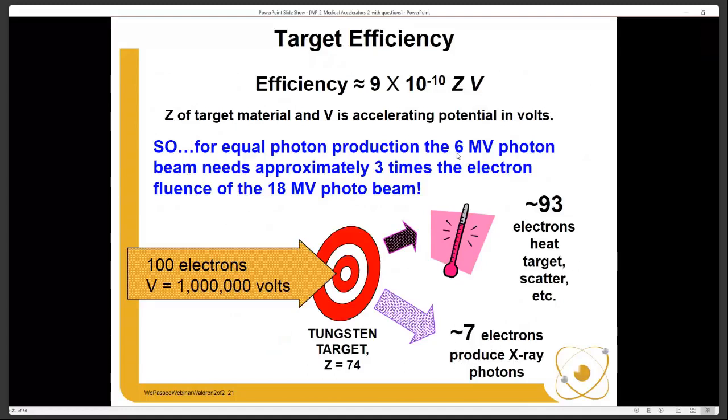Of course, if each photon only carries a third of the energy, that now means I need 9 times the electron current, and 10 times is a pretty good rule of thumb for electron fluence. But the important part is to remember that the vast majority of the electrons interacting with the target produce heat. This means our target must be cooled, maybe made of something that doesn't melt readily, and so on and so forth.